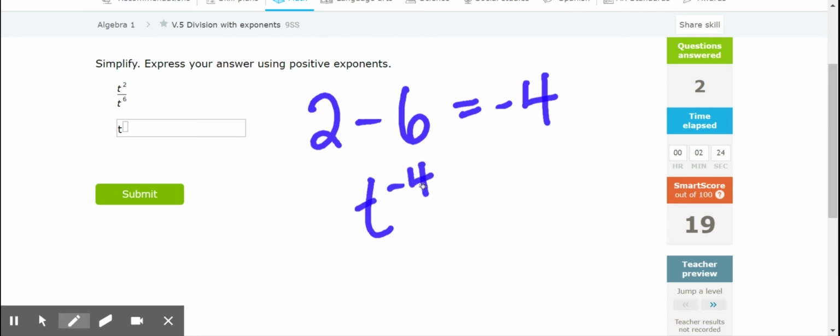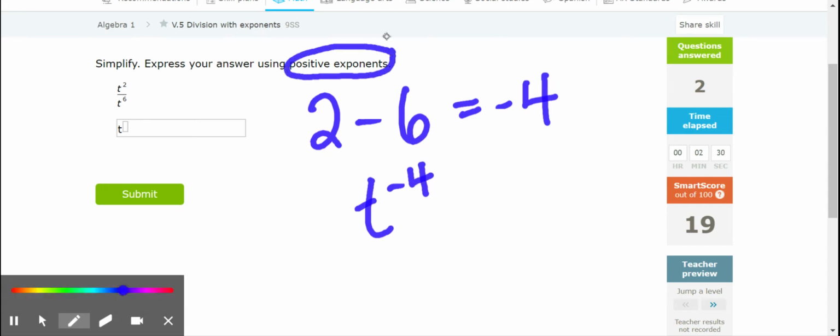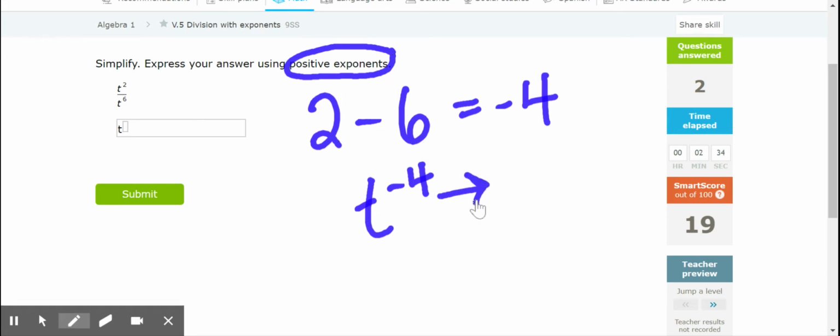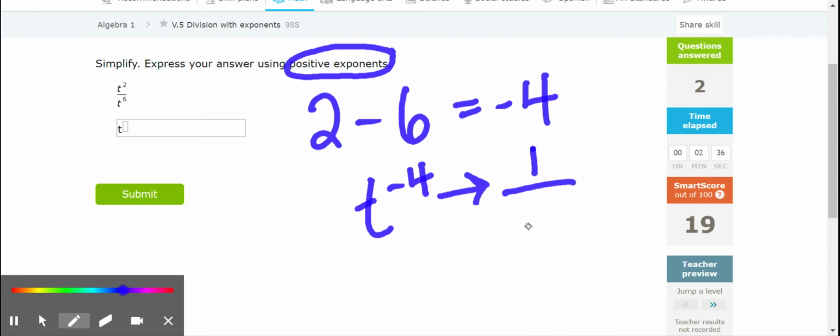You could write it like that, but our instructions tell us to use positive exponents. So instead of T to the negative 4, we have to write it as 1 over T to the 4th. Anytime you have a negative exponent, it wants you to write it like that.